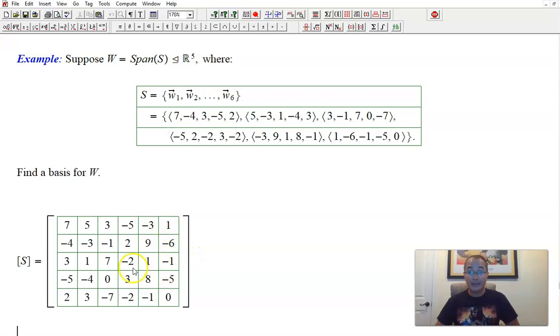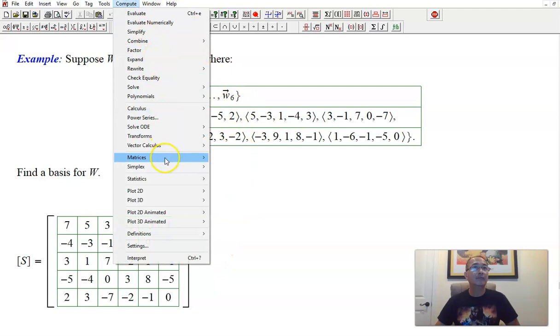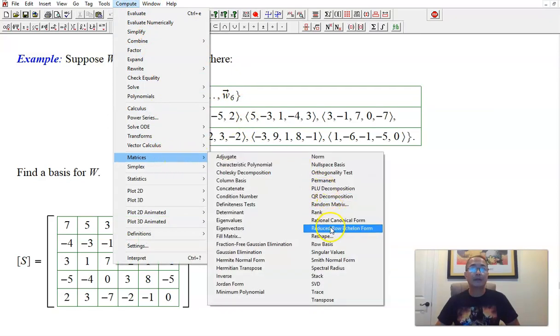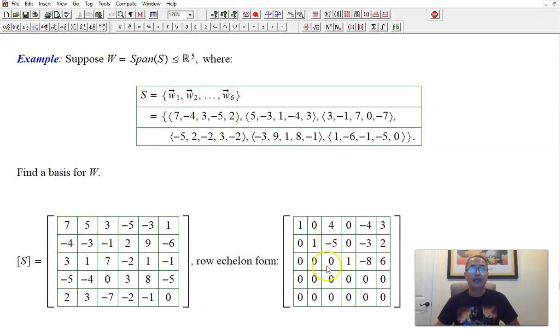And so we will get at least one free variable, and therefore our set is linearly dependent. So let's compute the matrix's RREF. And yep, we get 3 free variables and 3 leading variables.